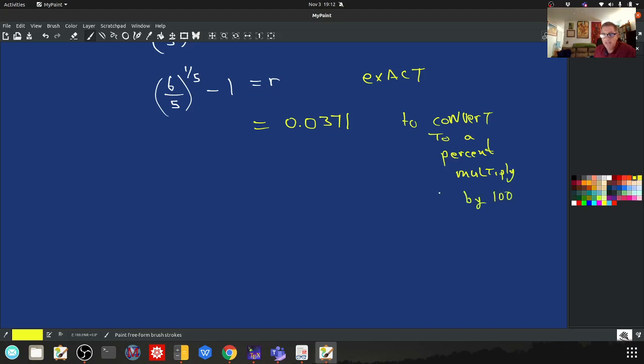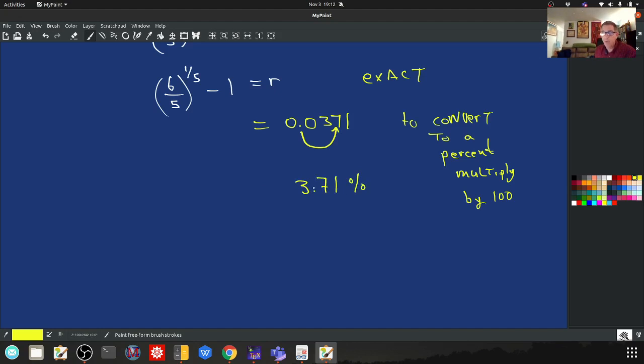So what I like to tell students is a percent is not a number. If I'm going to use a percent in a formula, I have to convert it into a number. So I have to divide the percent by 100. And then you're given a number. And then you want to convert it back to a percent. And multiplying by 100 is the same as moving the decimal 2 places. So it's 3.71%.